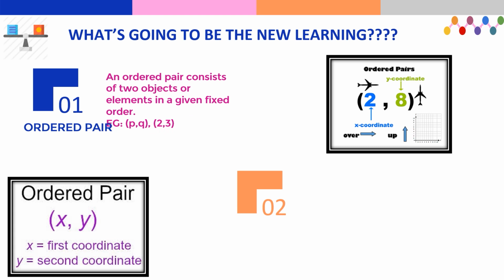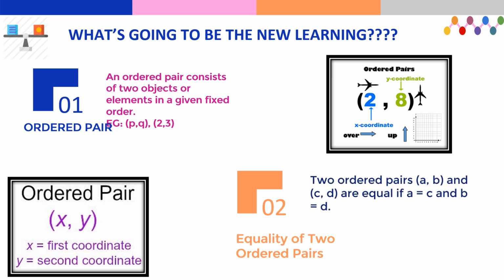Now what is the condition for ordered pairs? That is the equality of two ordered pairs, a small interesting condition. When two ordered pairs a comma b and c comma d are equal, then the corresponding elements will be equal.